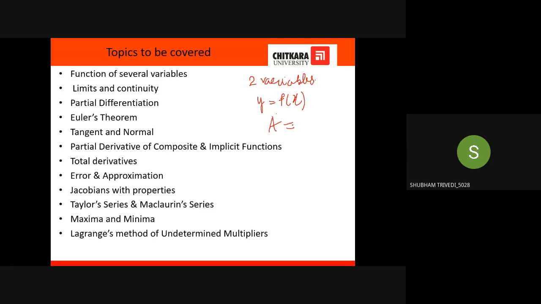Pi r square. Area of circle is pi r square. So this area depends on what? Radius of the circle. Because pi is fixed, it will remain as it is. Area will depend only on r. So can I say that area is a function of one variable, that is radius? So this is a function of a single variable, that is r.